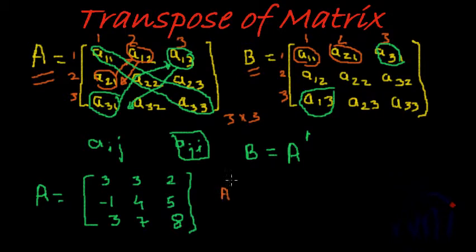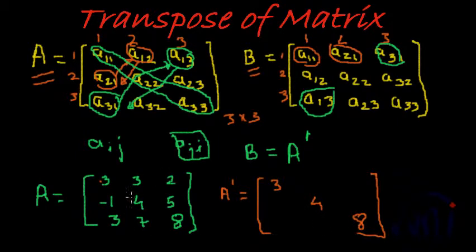A dash would be arrived at. So what did we say? The diagonal elements remain the same. So these will remain the same. So these will become 3, 4 and 8.